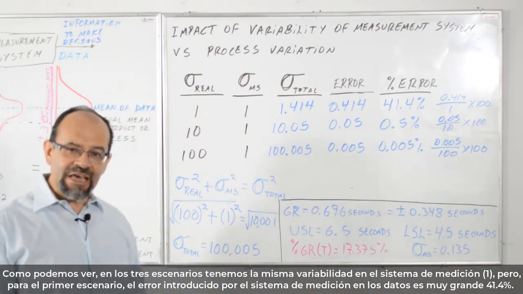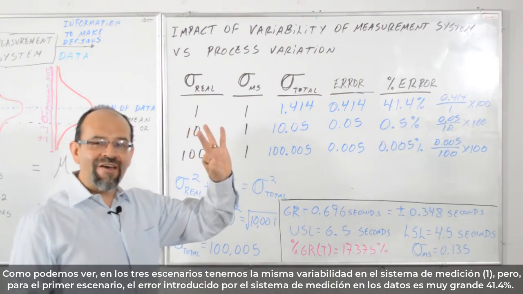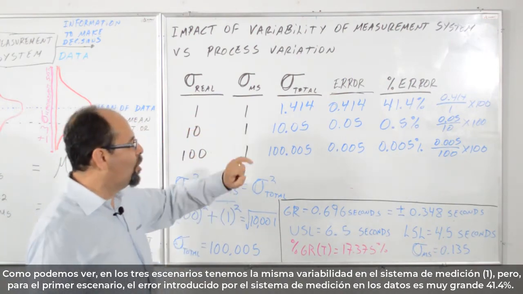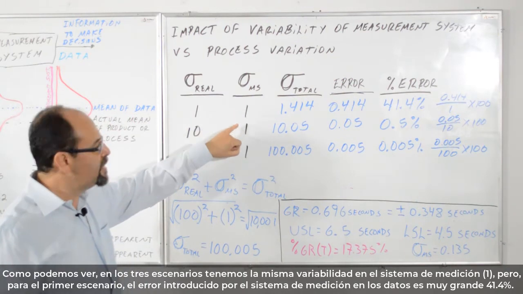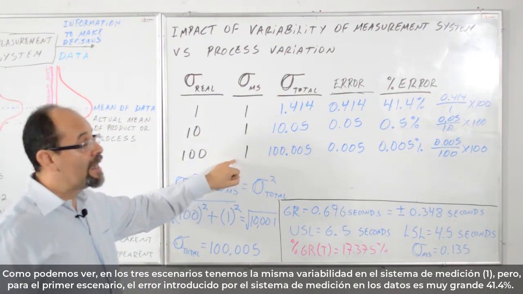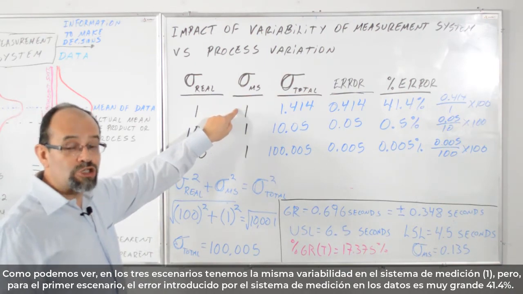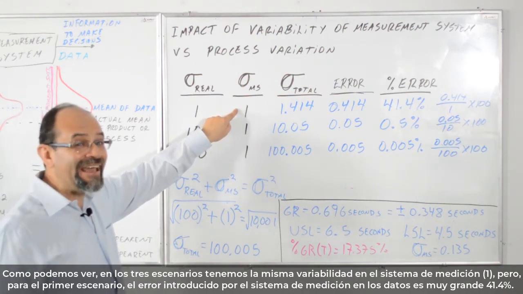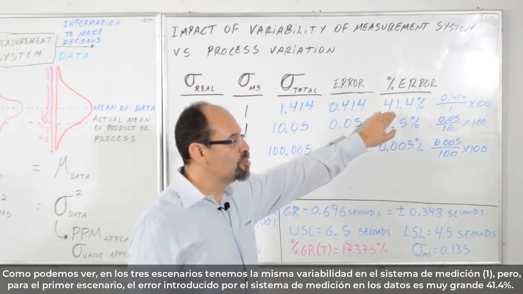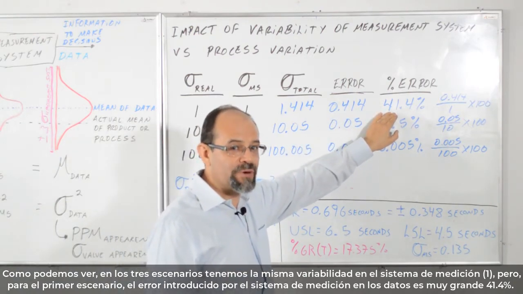As you can see, in all three cases, we have the same variability on the measurement system, 1, 1, 1. But for the first case, the error introduced by the measurement system to the data is huge, very big, 41%.